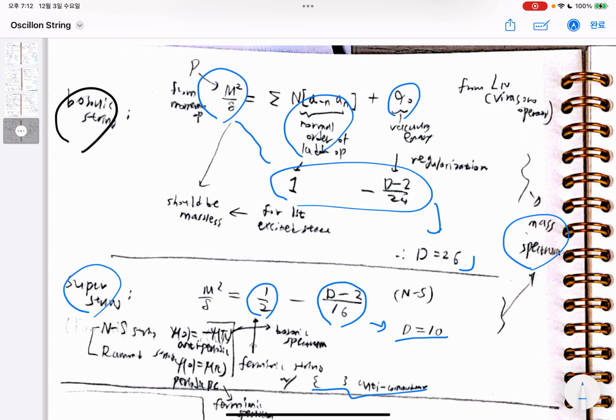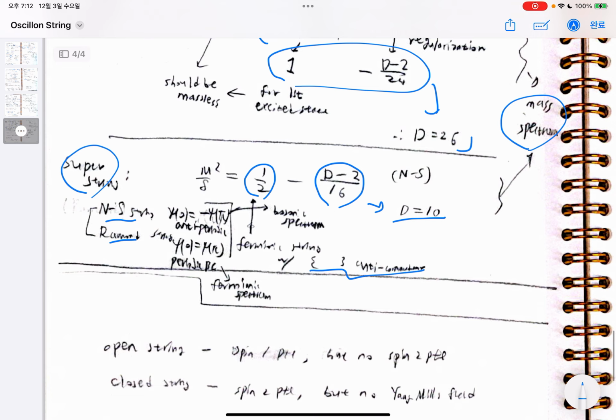This gives the extra dimensions as 10 dimensions. And there are two types of the fermionic string, the Neveu-Schwarz string and the Ramond string, with different boundary conditions, anti-periodic and periodic ones, and each of them gives the bosonic or fermionic spectrum.